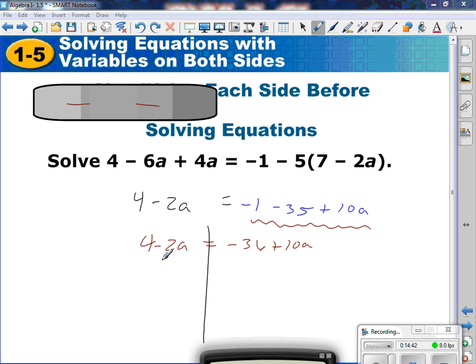How do I move this negative 2a? Add positive 2a here, positive 2a there. 4 comes down. That's gone. Negative 36. What's 10a plus 2a? 12a.